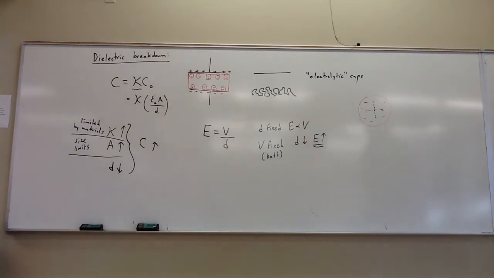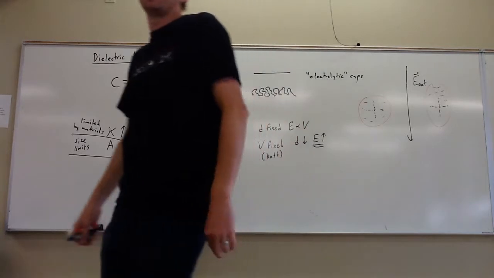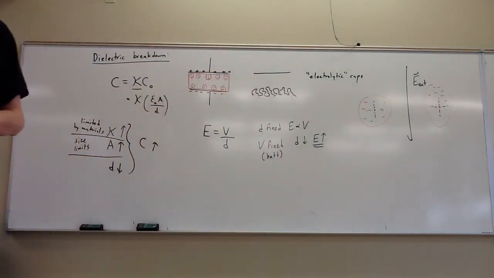But what we're doing here is, when we apply the external field from the plates, E external, even if it doesn't have a permanent dipole, we are pulling the charges to one side. Not entirely, but on average, like that. The negatives go upstream and the positives go downstream. This is what's called an induced dipole. You guys talk about this in chemistry? Okay, good.